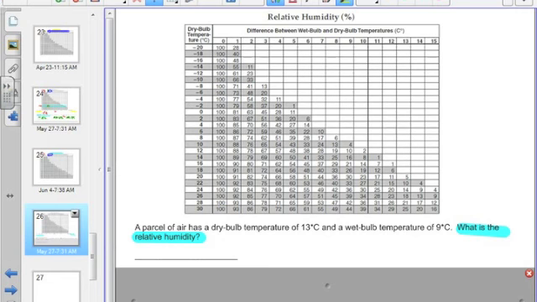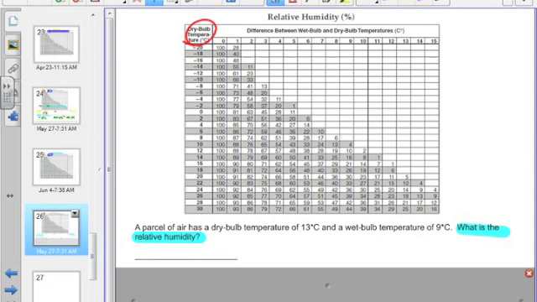Have you noticed that as we go down the dry bulb column, all the way on the left-hand side, every number is an even number. Does that mean we can't find odd numbers? No. It means we're going to be doing some estimating between the two even values either side of that number that we're interested in.